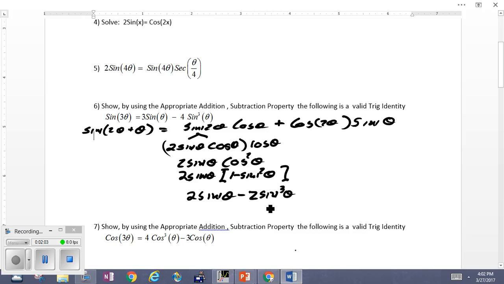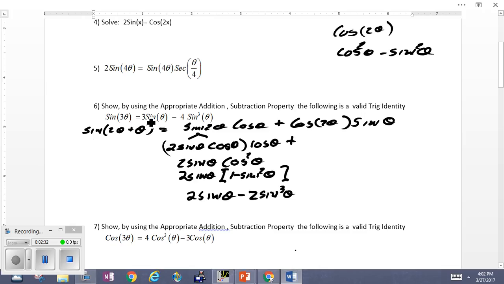So I've got my sine cubed and my sine that's up here. Now, the other terms are going to come from simplifying this. Plus, now the cosine of 2 theta has 3 names. The cosine of 2 theta has the name cosine squared of theta minus sine squared of theta.